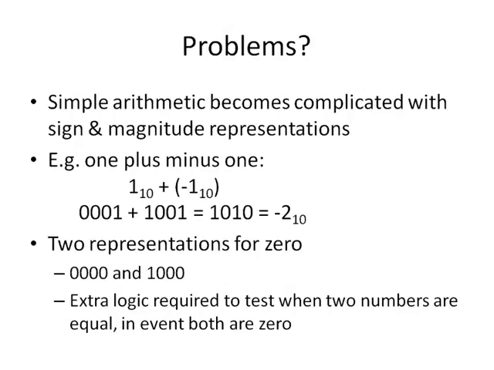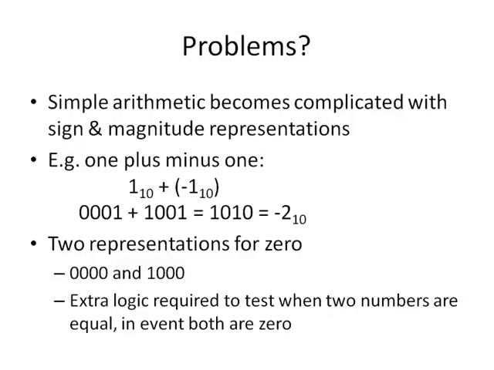Some problems with this. Simple arithmetic becomes quite complicated with sign and magnitude representations. Using sign and magnitude representations, we can't easily feed our numbers into a full adder circuit, for example, and get the right answer, because the binary addition doesn't reflect what's actually happening with the numbers that they're supposed to represent.